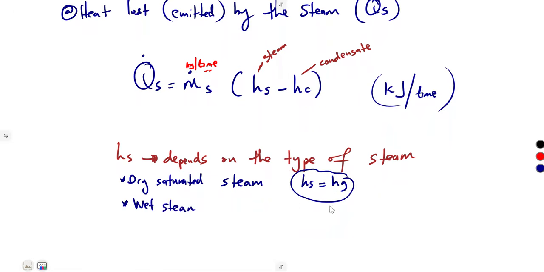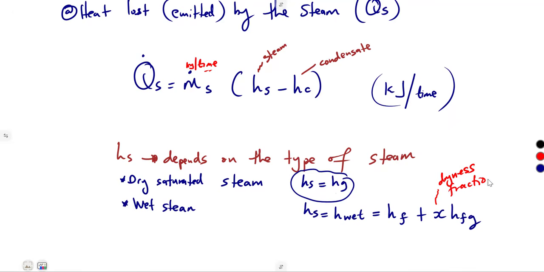For wet steam, we are using H wet. So HS is equal to H wet. So that is what we have. And we do understand that H wet is equal to what? It is equal to HF plus X HFG, where we need the dryness fraction. Where we need our dryness, what? Our dryness fraction, and the enthalpy of water, and for the what? For the evaporation.